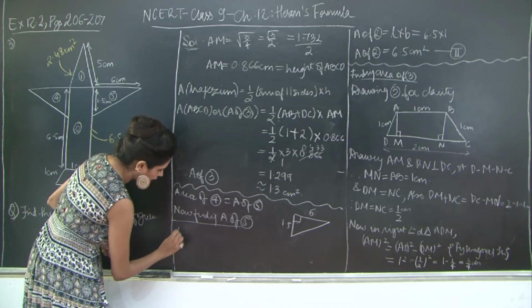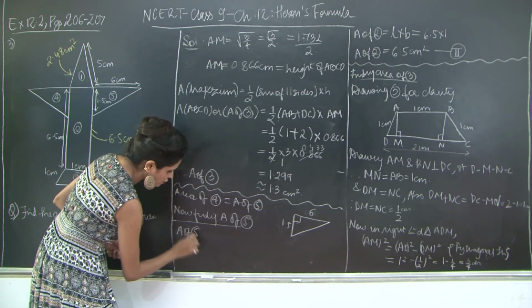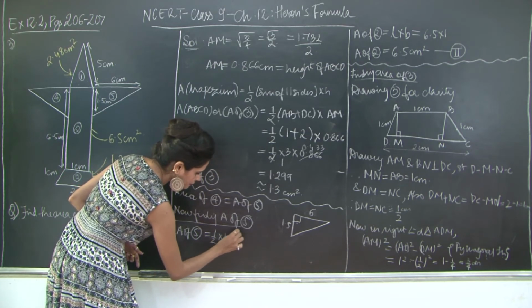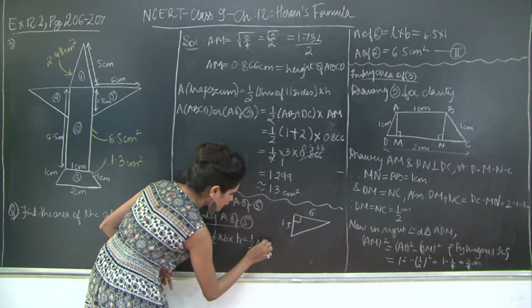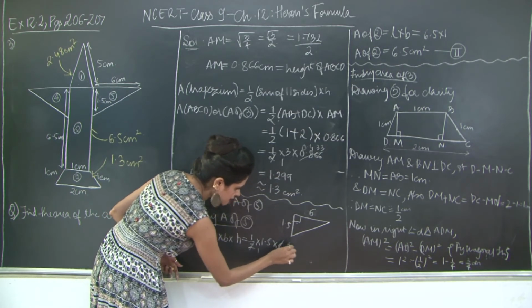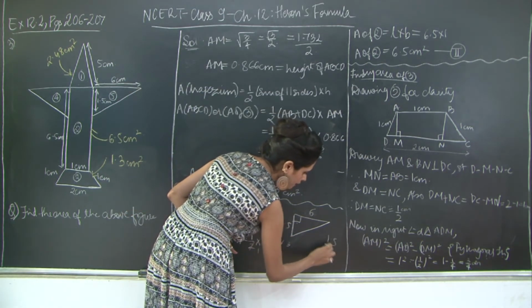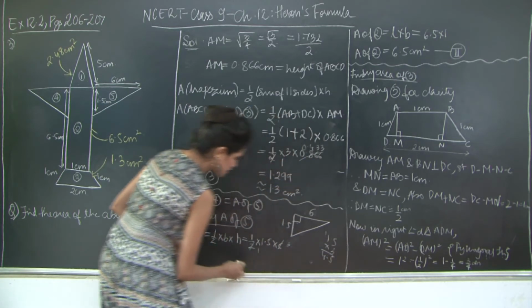So I'll say area of 5 is equal to half into base into height, which is equal to half into 1.5 into 6. So this is 2 ones are 2, 2 threes are 6. 3 into 1.5: 3 fives are 15, 3 ones are 3, so 4.5.